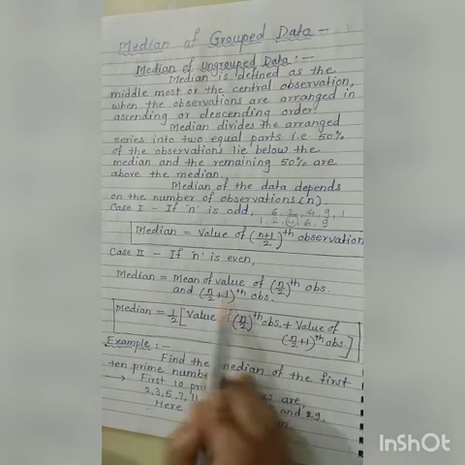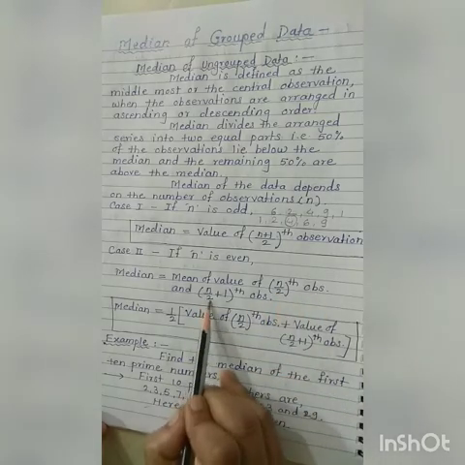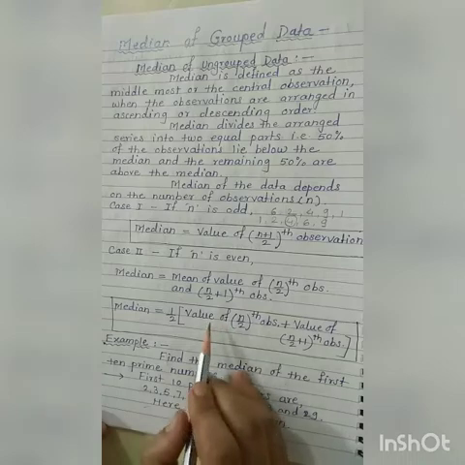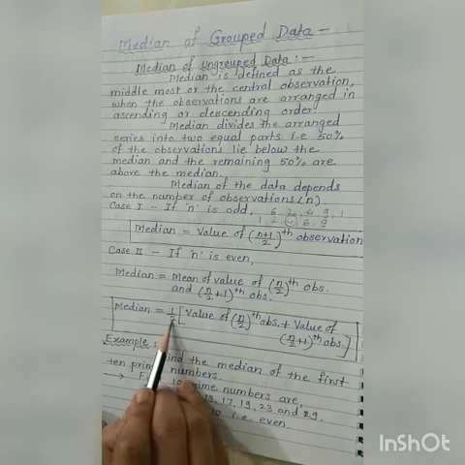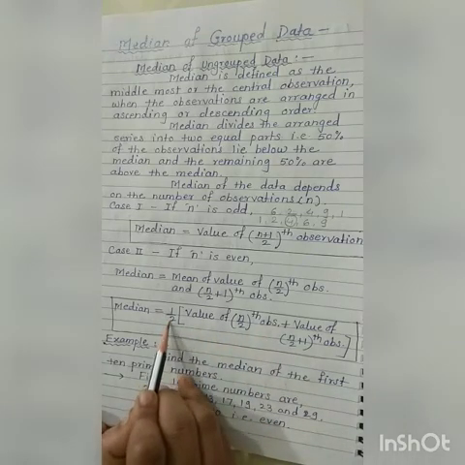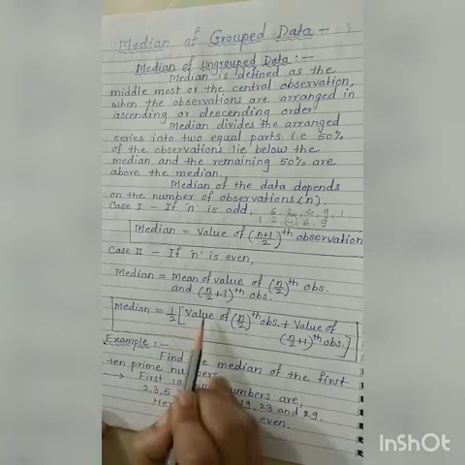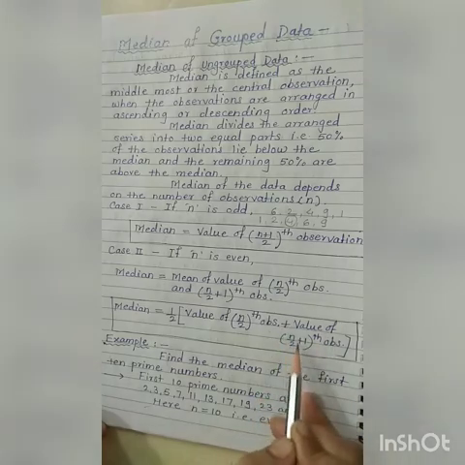As we are finding the mean of 2 observations here, so we are dividing this addition by 2. So I have written 1/2 outside the bracket and inside the bracket value of n by 2th observation plus value of n by 2 plus 1th observation.